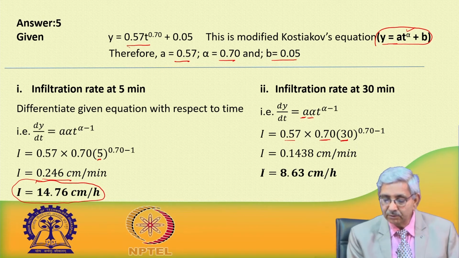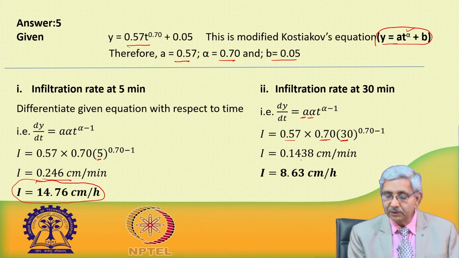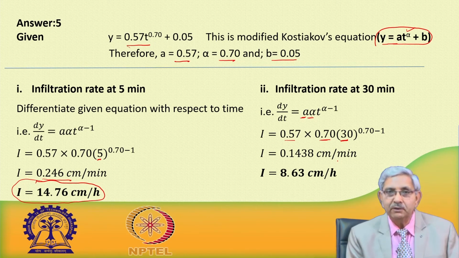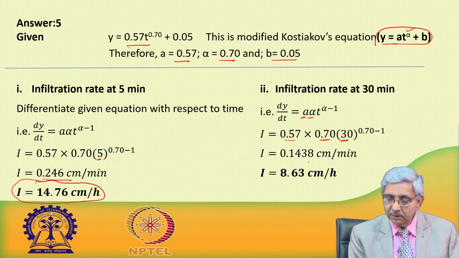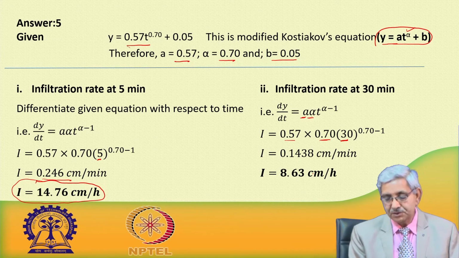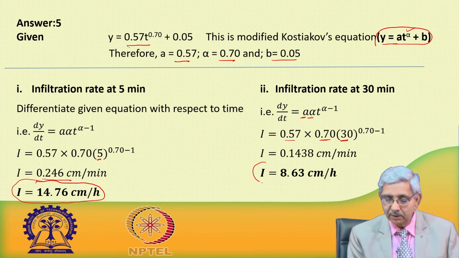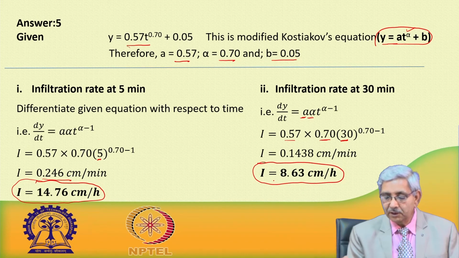So, I equals 0.1438 centimeter per minute, or when we multiply it by 60, this can be converted to centimeter per hour. So, I for 30 minutes elapsed time is 8.63 centimeter per hour.